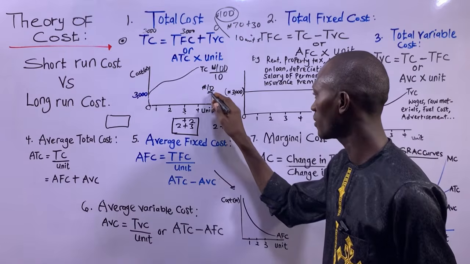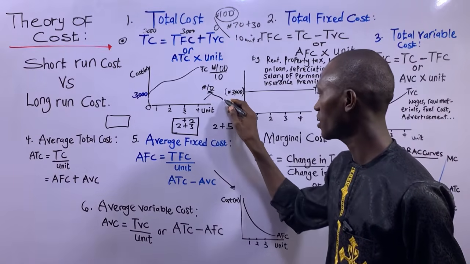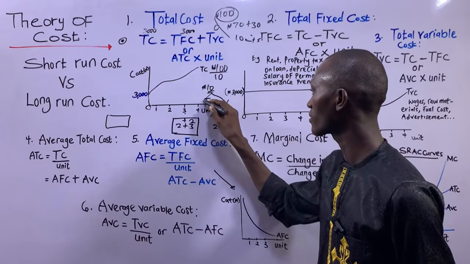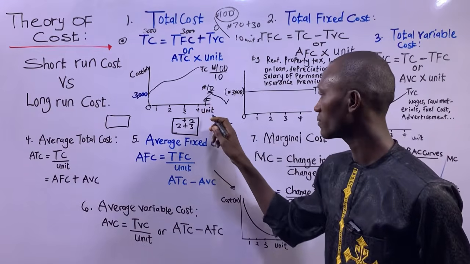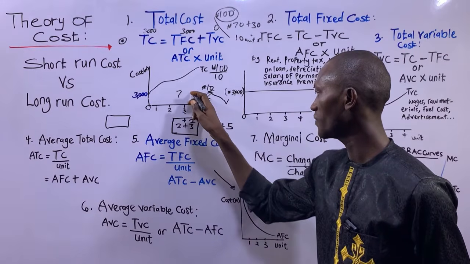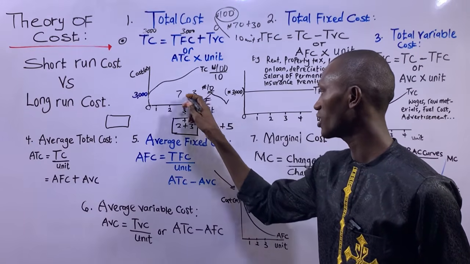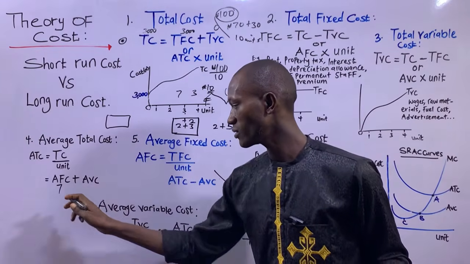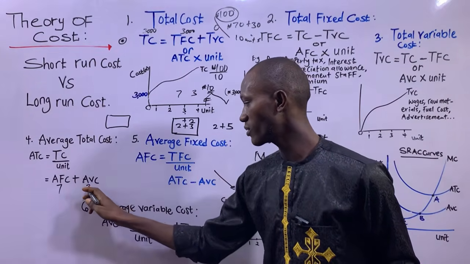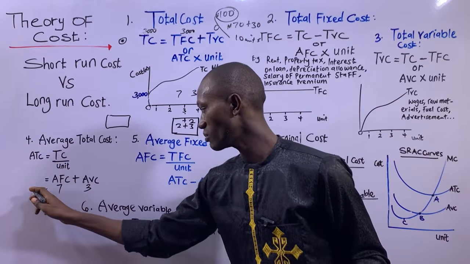So let's say the fixed element is 7 naira, and the variable element is 3 naira. Then what you have here is going to be 10.